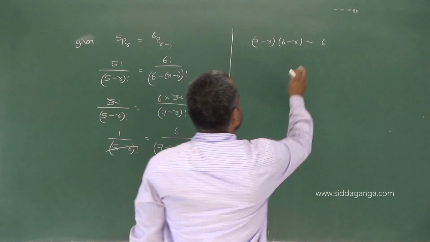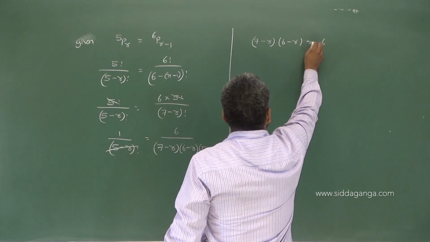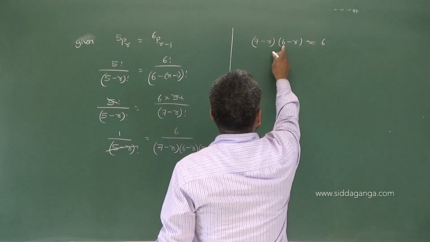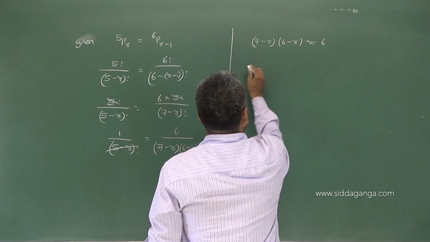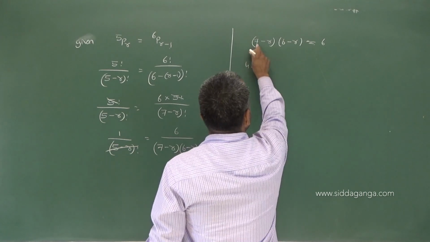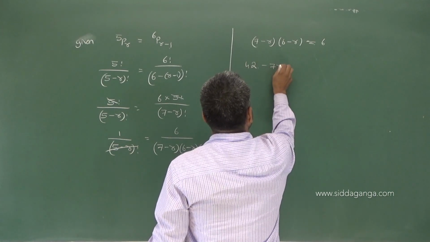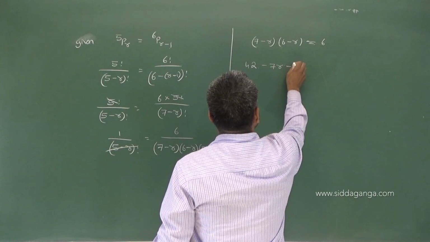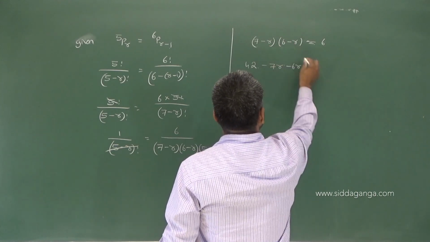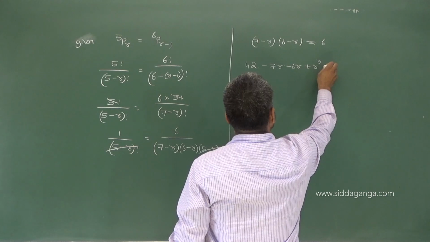Okay, so we want 6. 7 into 6 is 42, minus 7r, minus 6r, minus into minus plus r square, minus 6.